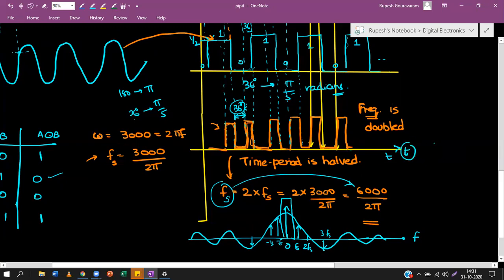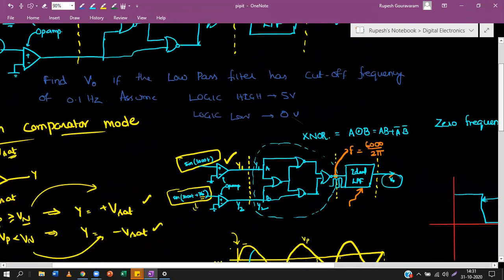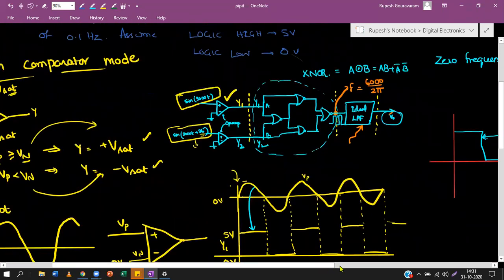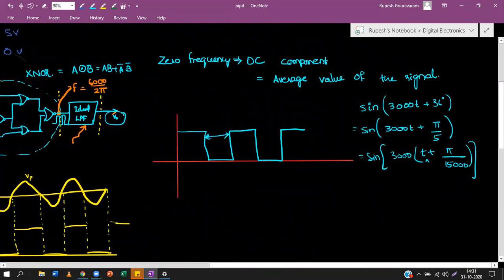In the time domain, how can it be represented by using this particular calculation? So this is t plus pi by 15,000. That means the gap will be pi by 15,000. So this gap will be pi by 15,000. And the total time period will be what? Obviously, the total time period will be determined by the frequency here. That means this frequency is 3000 by 2 pi.